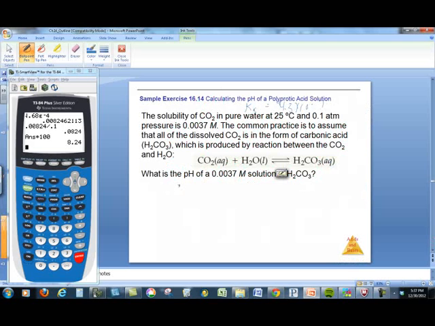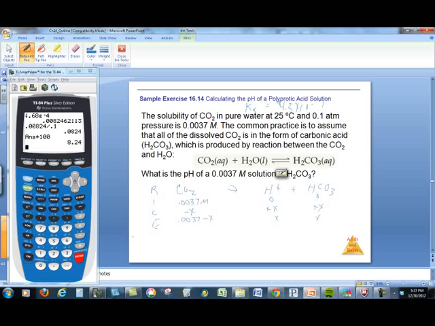So we have H2CO3 becomes H+ and HCO3-, right? Okay, let's use a RICE table. I start off with 0.0037 molar of the acid. I have none of the products. I lose some amount of the acid, which is the same as what I gain in each product. My equilibrium is 0.0037 minus x for the acid, and x for H+ and x for HCO3-.